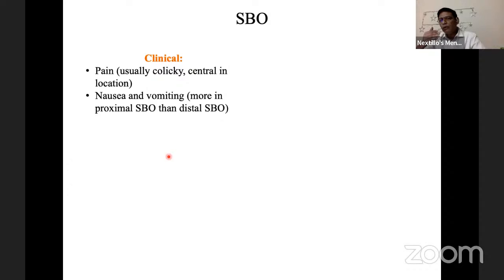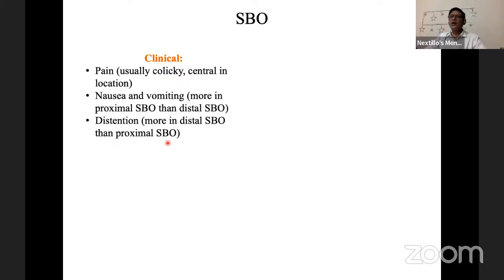And as we keep on moving distally, the nausea and vomiting decreases and the distension of the abdomen increases. Therefore, nausea and vomiting are more in the proximal obstructions in comparison to the distal obstructions, whereas the distension is more in the distal obstruction in comparison to the proximal obstructions.